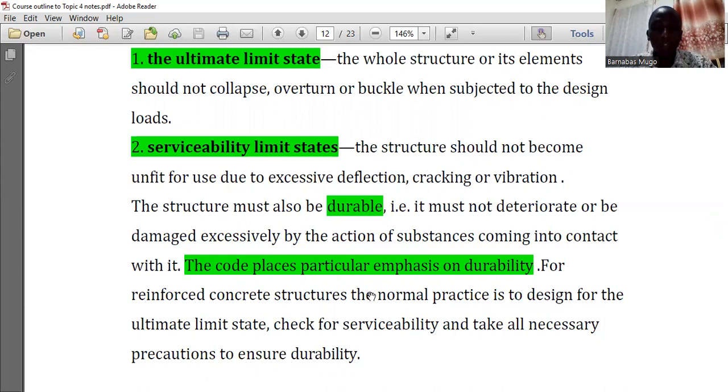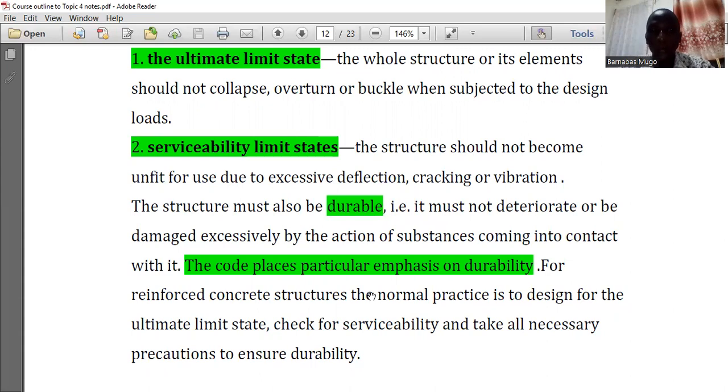So it should not have excessive deformation. That is deflection. Although the structure is not overturning or collapsing, it should not have a lot of cracks. Although it is not buckling, it should not have a lot of vibration. So it's not only the ultimate limit state that we're supposed to look at.